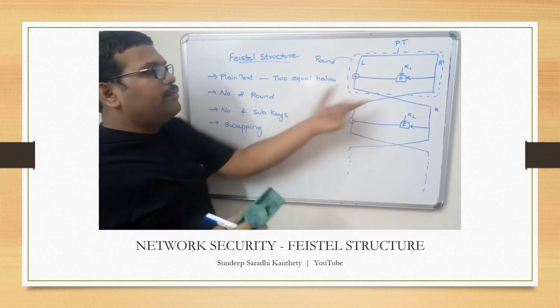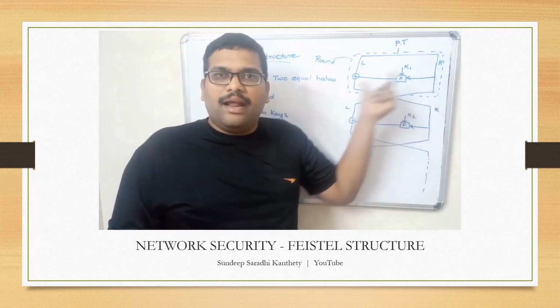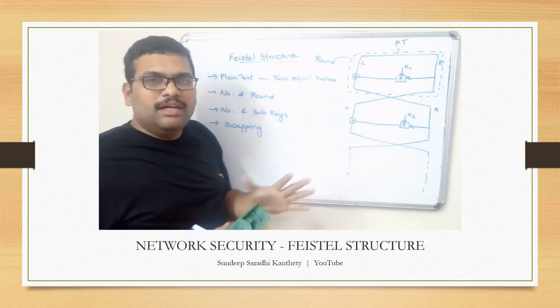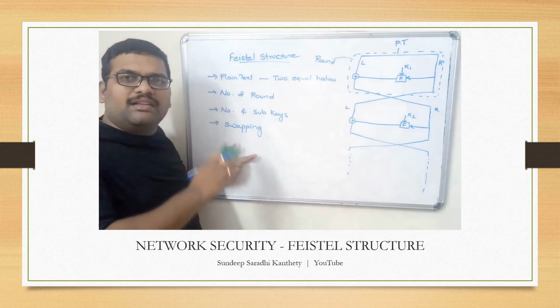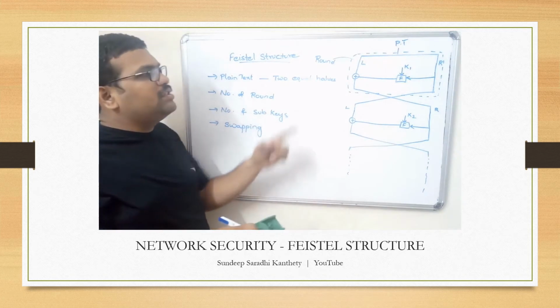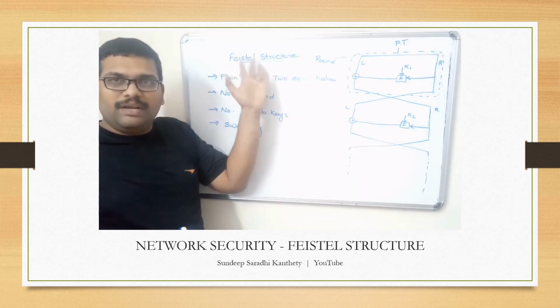Swapping of two halves, right to left and left to right. So if any algorithm follows these concepts, we simply say that that particular block cipher algorithm follows the Feistel structure. So this is very important.